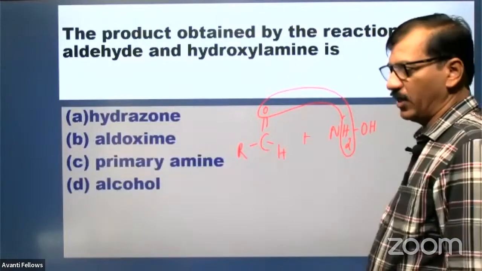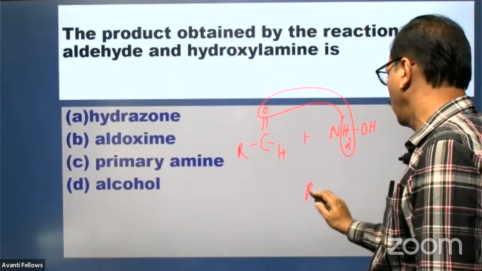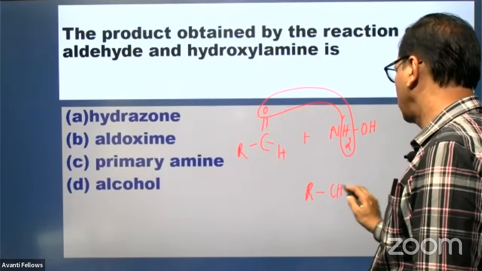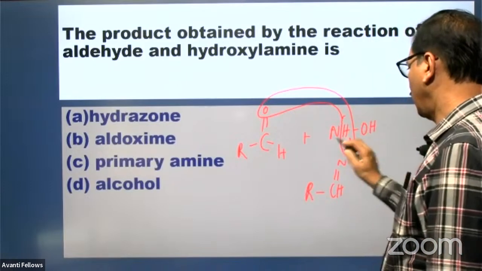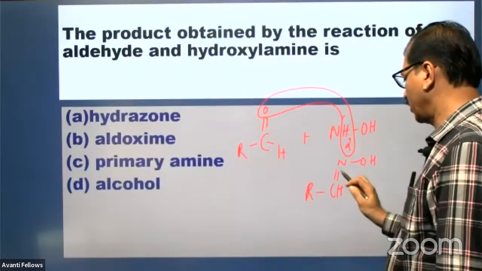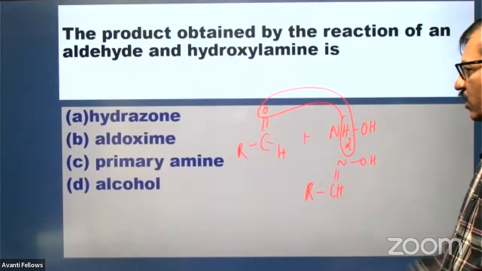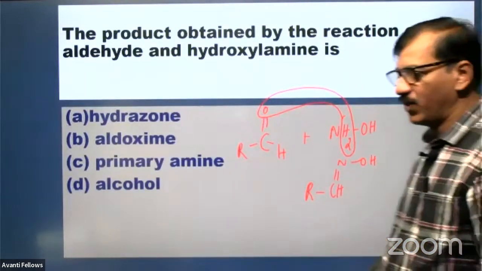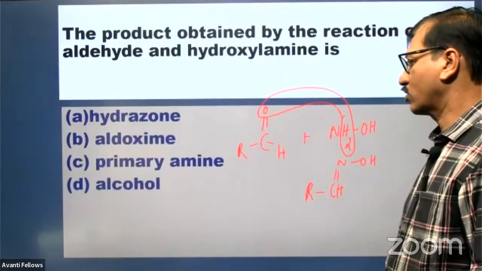The H2 goes away with the oxygen. Nucleophilic addition with elimination of H2O will give RCH=NOH. The double bond remains as it is. This is called oxime. An aldehyde giving oxime is aldoxime.